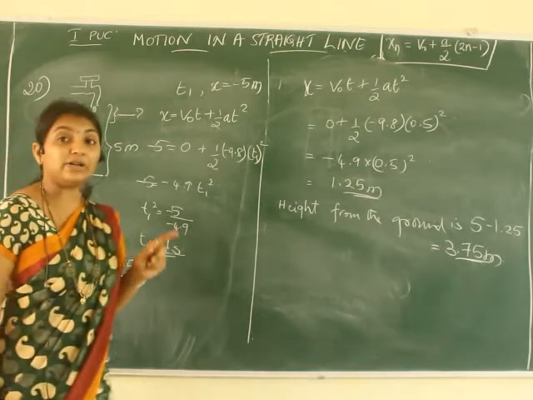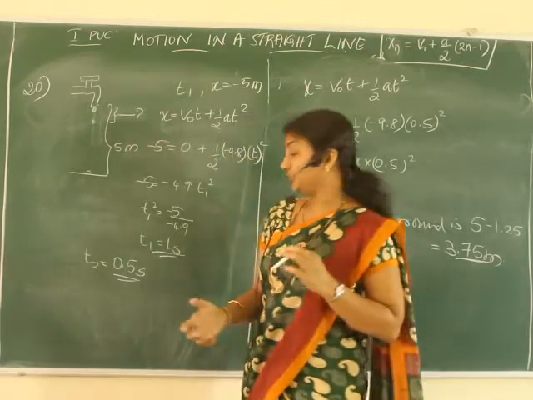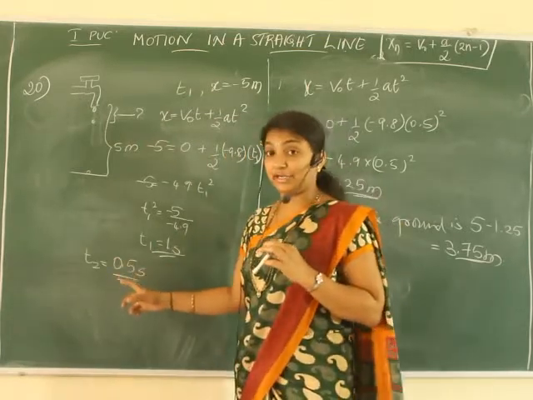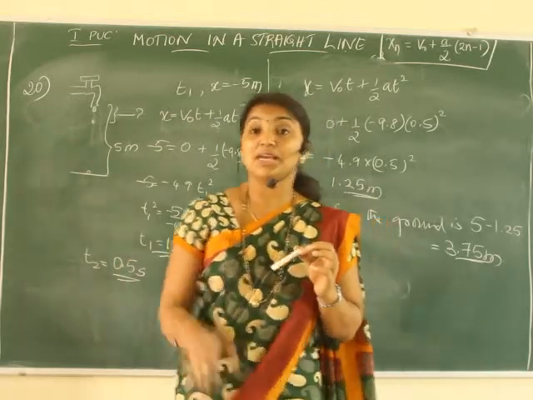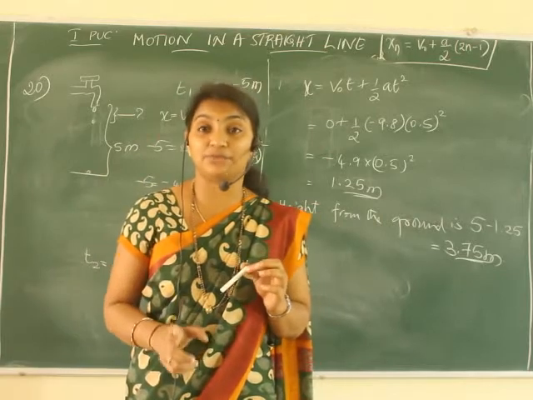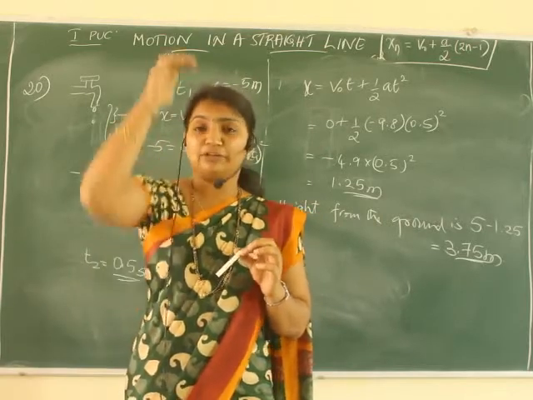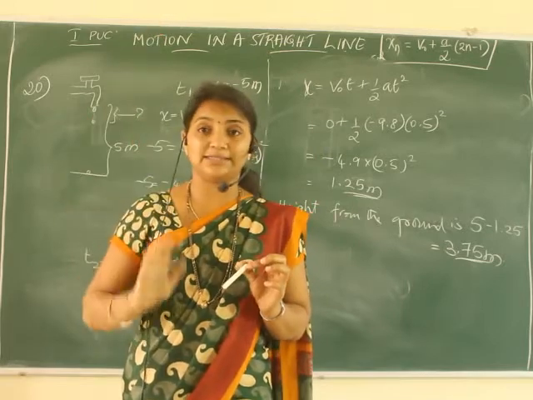Since it is regular intervals of time, I know many of you might have the question of why I have taken T2 is equal to 0.5. You know why? See, it is given that the water drops at regular intervals of time. So when the first drop started, before it reached the ground, the second drop has started.